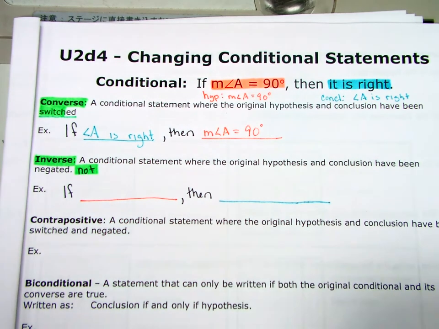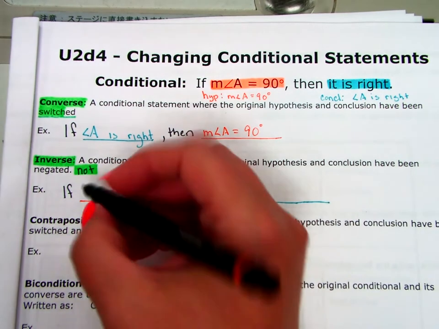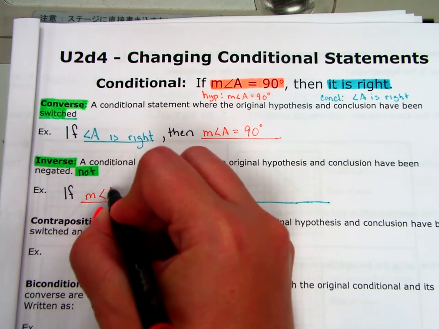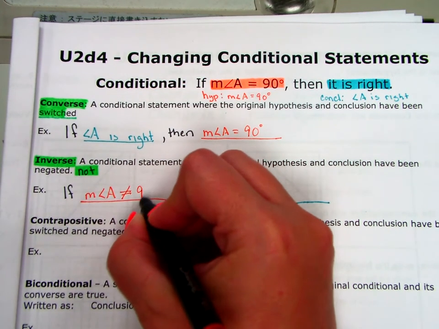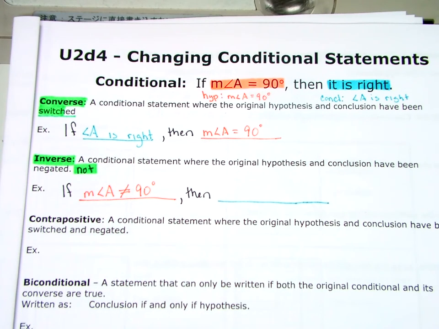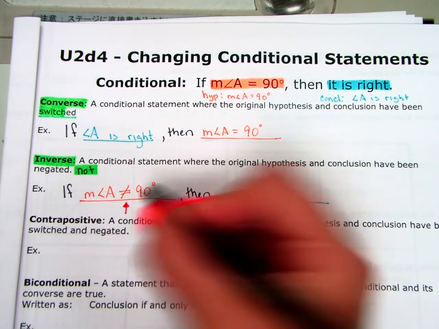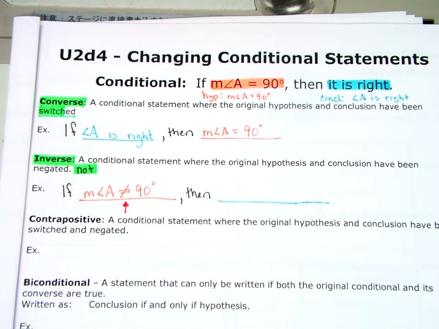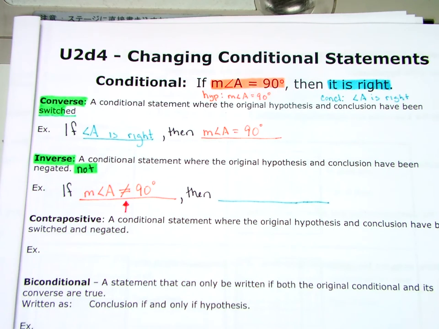Okay? So when I do the measure of angle A equals 90, to say no it doesn't, I just say the measure of angle A equals not 90. Okay? So I can see right here that I did negate it. Okay, I said not 90. All right, then my conclusion is it is right.